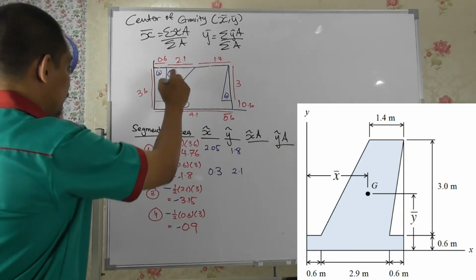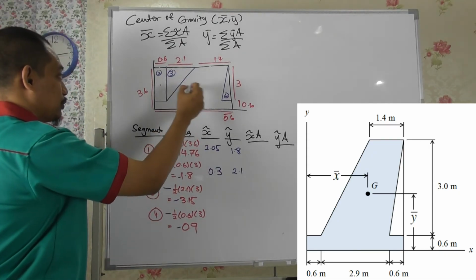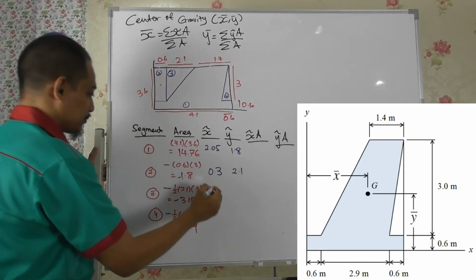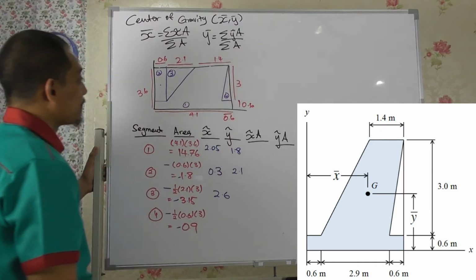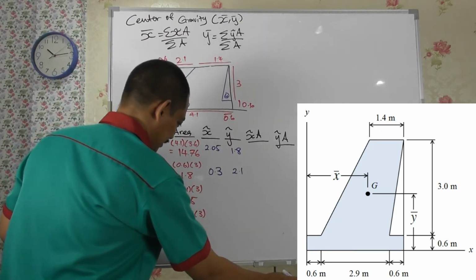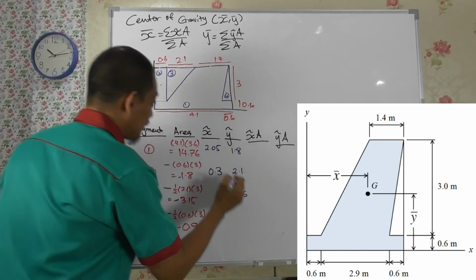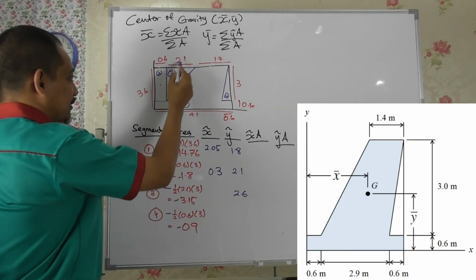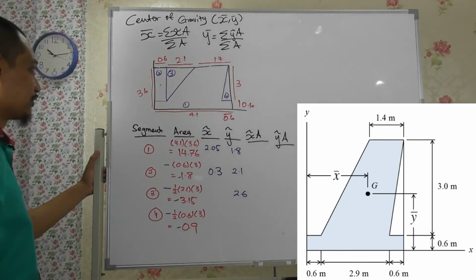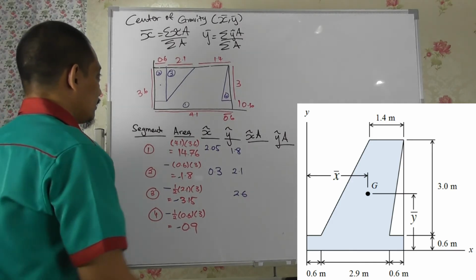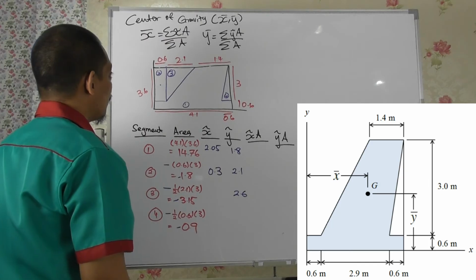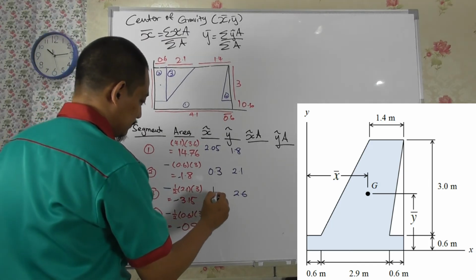For segment number 3, it should be there. So this should be 2/3 of 3, which is 2, plus 0.6 becomes 2.6. Oh no, sorry, that's y. So I have calculated y first, 2.6. What about x? X should be 1/3 of 2.1, which is 0.7, right? 0.7 plus 0.6 is 1.3.